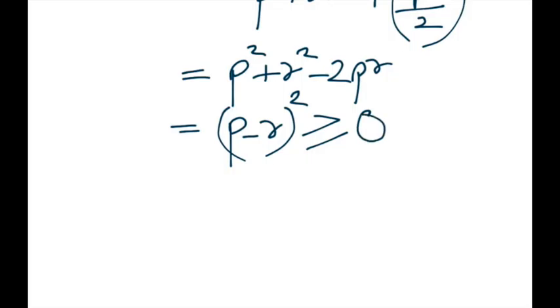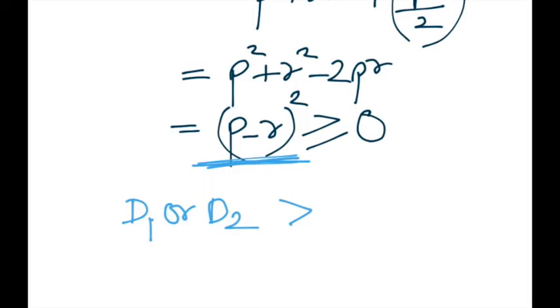So this term is always greater than or equal to 0 for any real value of p and r, right? Means at least one of the discriminants d1 or d2 is greater than or equal to 0, right? Which means that at least one of the two equations has real roots.